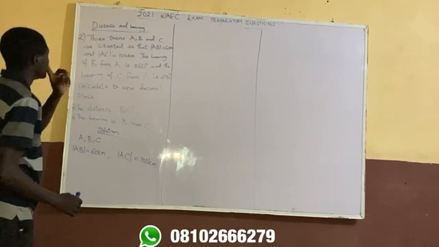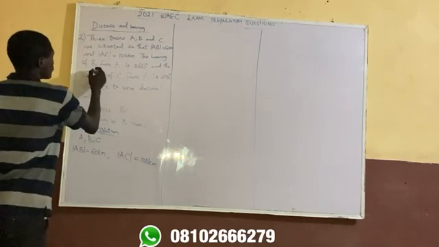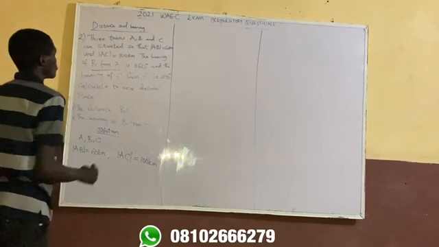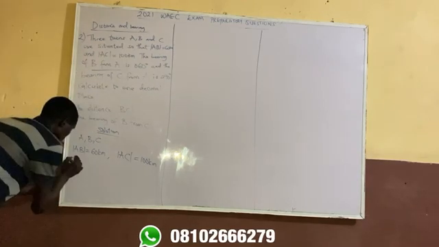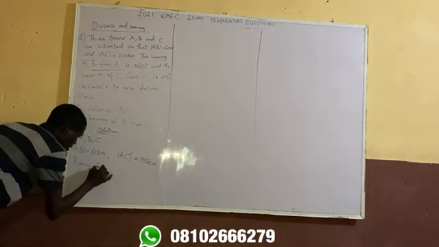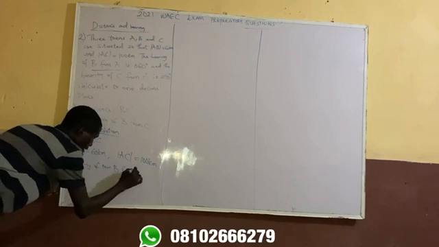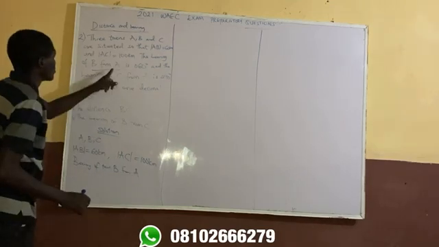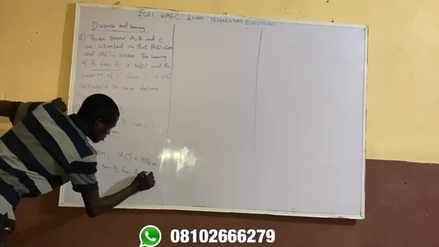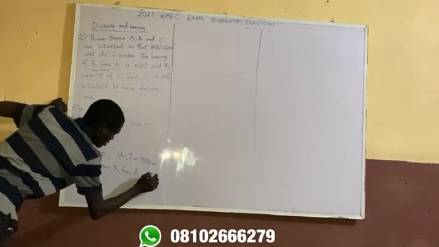Then they said the bearing of B from A is equal to 060 degrees, 60 degrees.